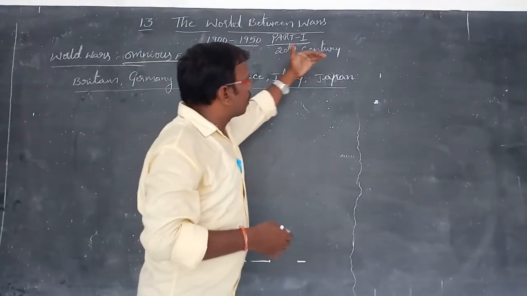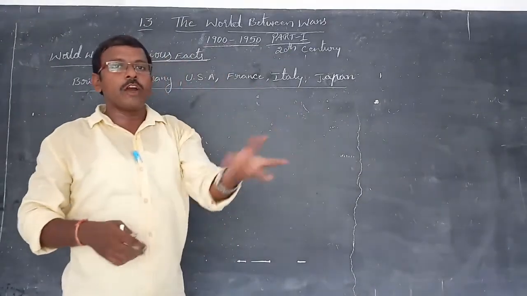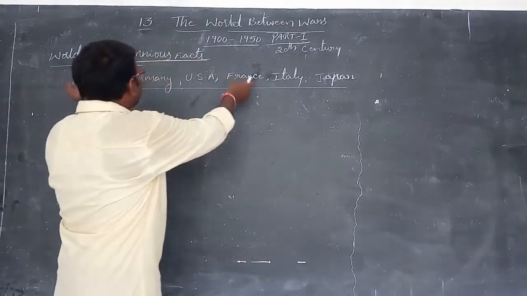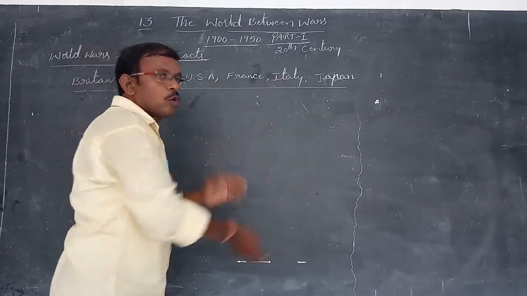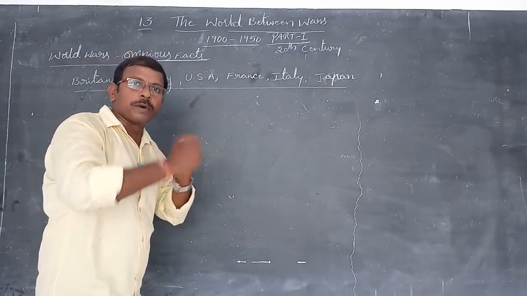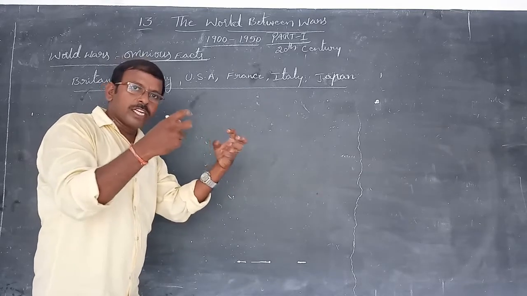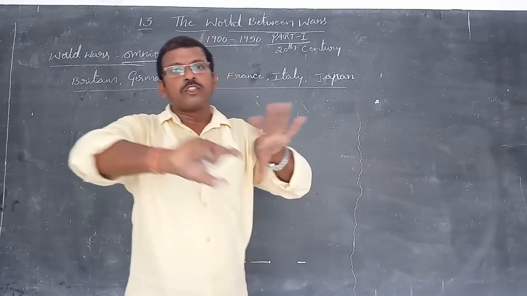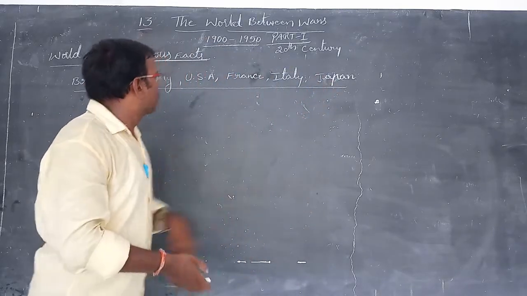France developed, Italy developed, and they wanted to show superiority over other countries. Because of this competition, the group was divided into 2 parts. They wanted to develop by fighting each other. So which countries were divided?